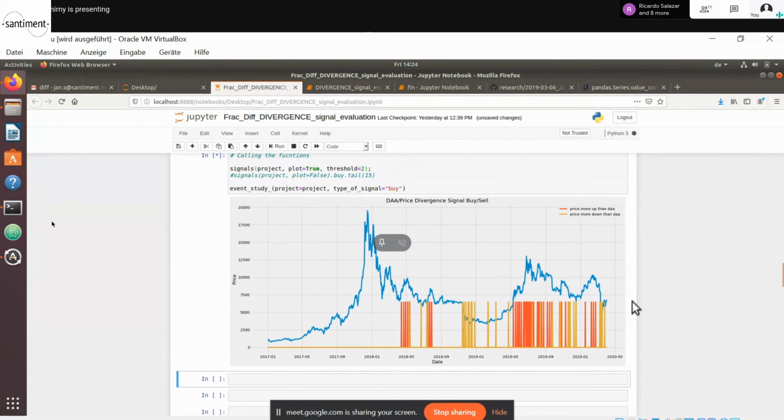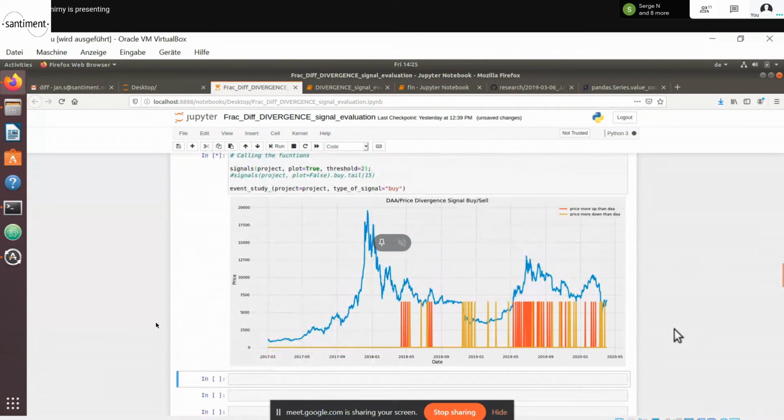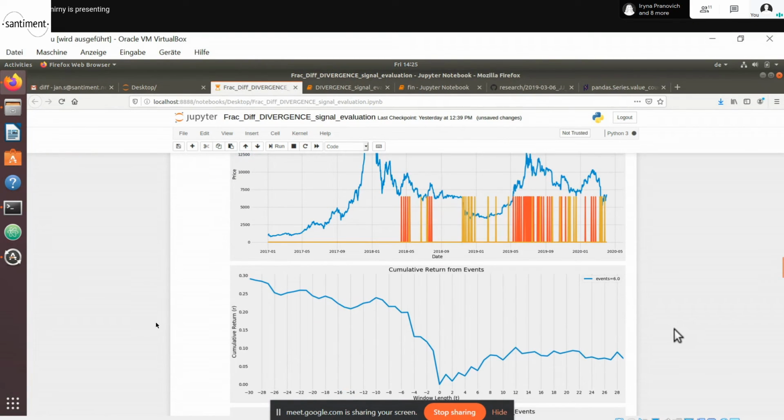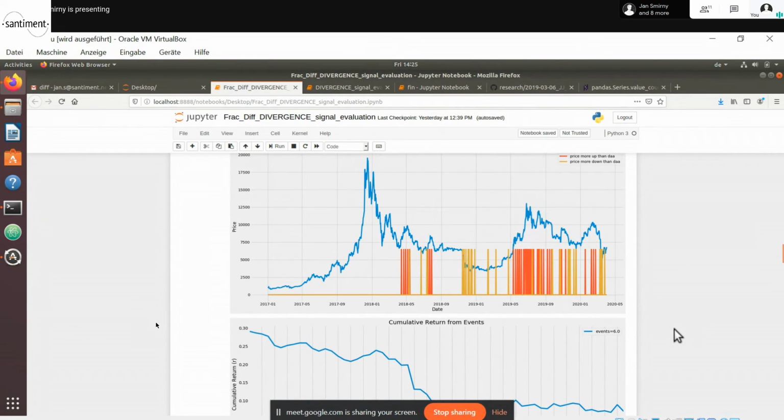So one thing is that you still don't have early results. For the module, the threshold that you put there, the way it works is it gets rid of the initial result of the fractional differencing operator, because the initial data is based on a smaller set of data.